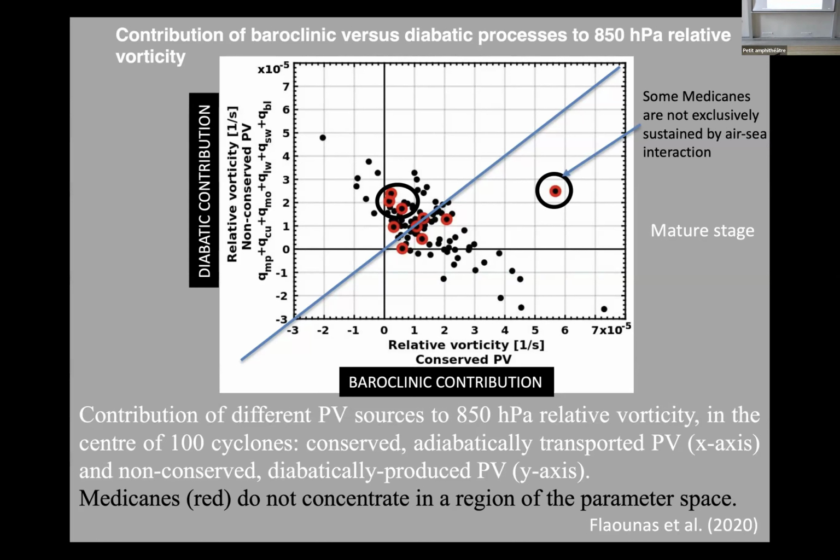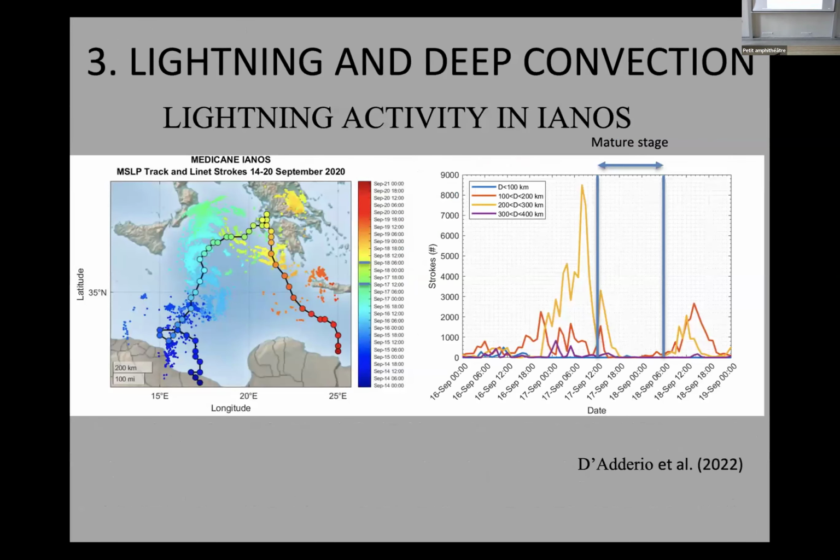Moving to some other features that characterize Medicanes, another result that seems common to all the cases that have been studied up to now is the behavior in terms of lightning activity. Again, there are some studies in past years that analyzed this aspect.